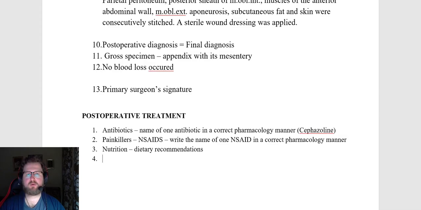You'll have to change his wound dressing. And you will have to write down what happens with the wound.